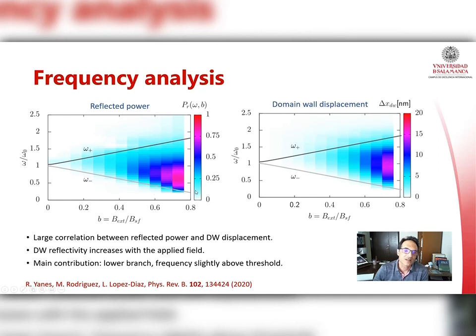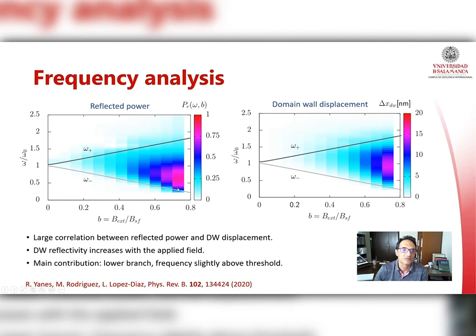Note also that there is a strong frequency dependence. You can see that the maximum in the reflected power and in the displacement is slightly above the threshold for this lower branch. So in other words, the domain wall reflectivity and domain wall displacement increase as we increase the applied field, and for a given applied field, it depends on the frequency.